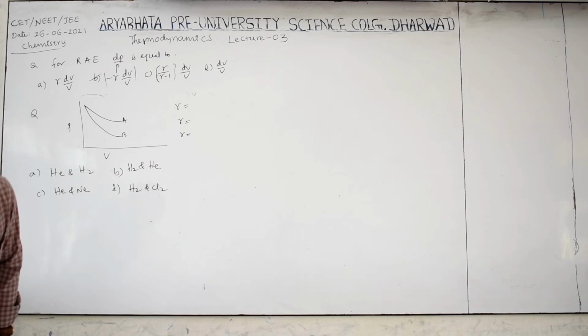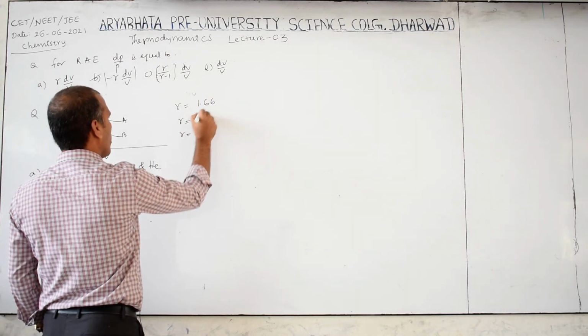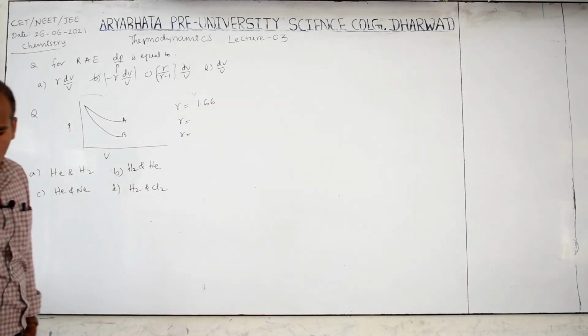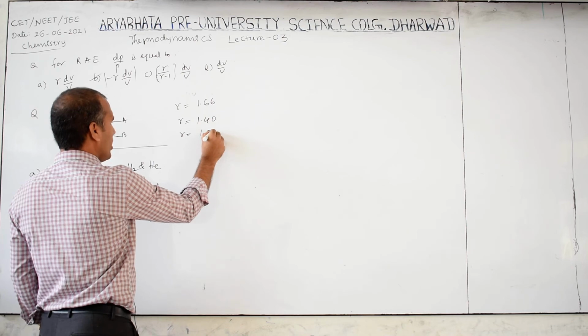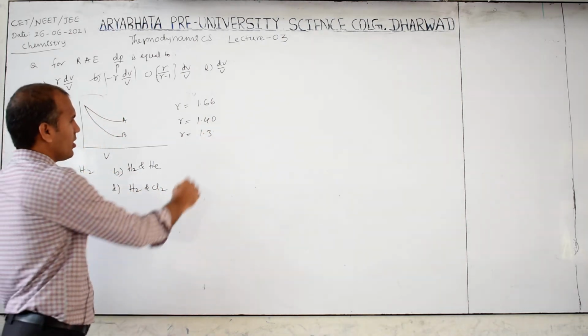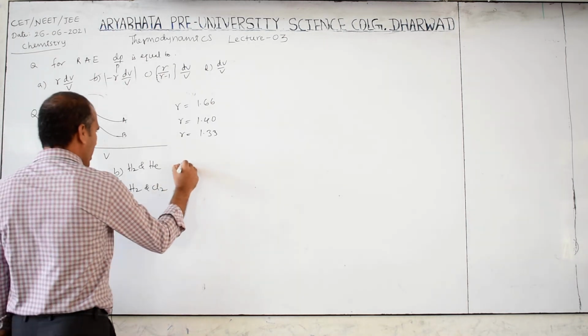One minute. For monoatomic, it is 1.6, for diatomic 1.4, and for triatomic 1.33, like this. Then now you can apply here.